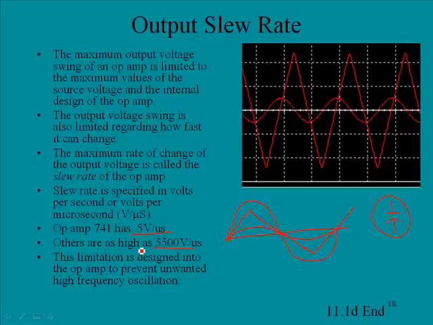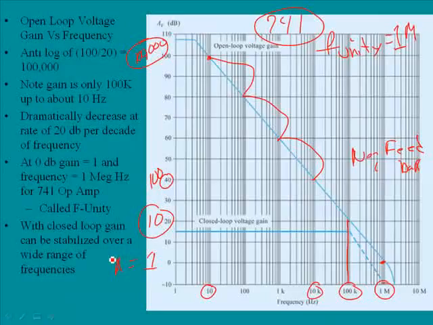Okay, so in this section we looked at output slew rate, we looked at a graph, and we looked at the gain in relationship to the frequency, and we found out that the more gain we got, the less frequency response, and if we wanted a wider range of frequencies, we had to reduce our gain.